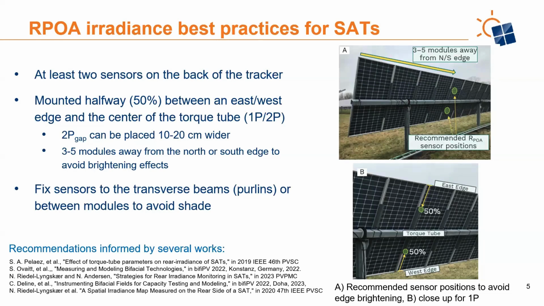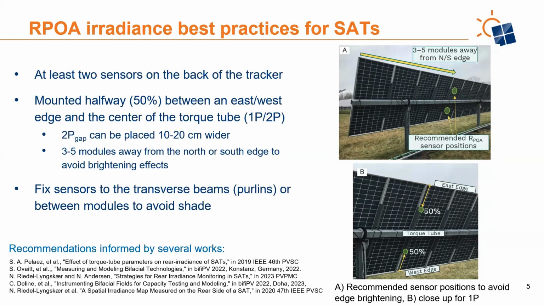Yeah, so just jumping right into the conclusion here, and then I'll go into the details of how we got here. But this is our main conclusion for a recommendation for measuring rear irradiance on bifacial trackers. So frame B here shows a close-up of where we suggest to mount small area sensors like pyranometers or reference cells.